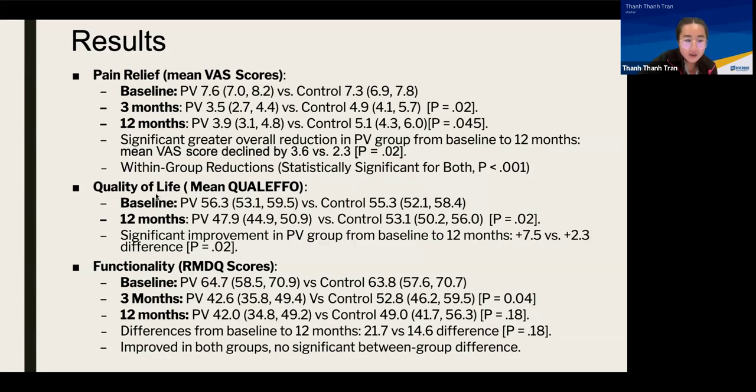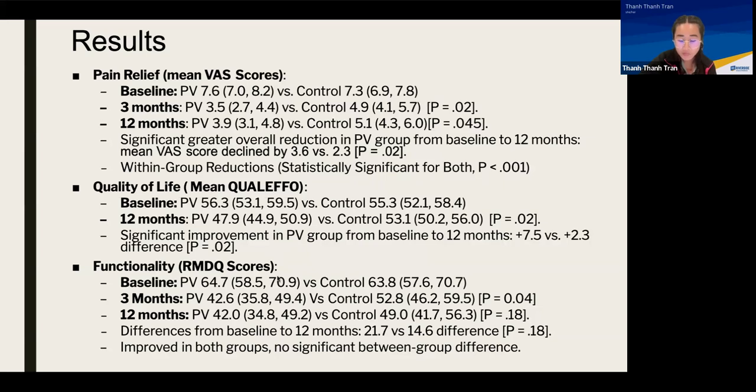The secondary outcome they measured is health-related quality of life. A similar pattern of improvement was observed for the quality of life score, and there were significant differences between groups in the changes across 12 months. As for the functionality assessment, both groups showed improvement in the functionality scores during the 12 months follow-up.